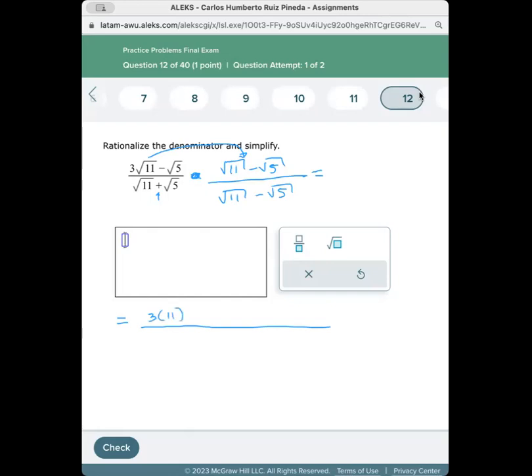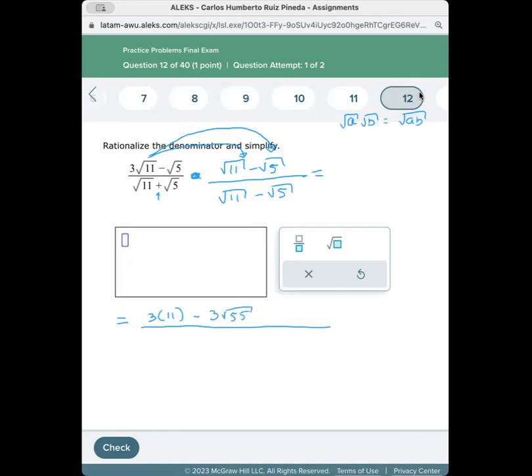And then 3 square root of 11 minus square root of 5. Square root of 11 and square root of 5 have nothing in common, so they can go together. We are using the formula square root of a times square root of b is square root of ab. And then we have minus 3 square root of 55.